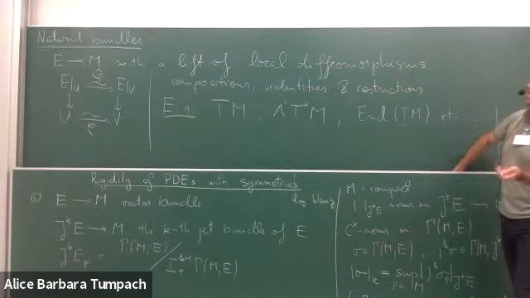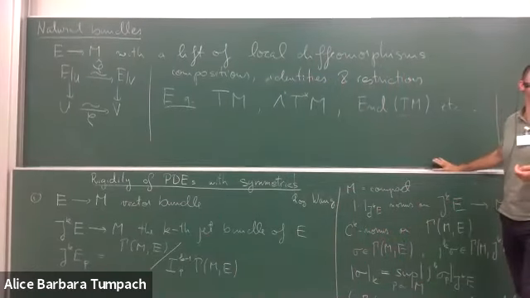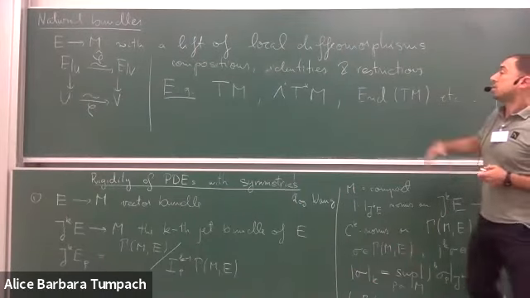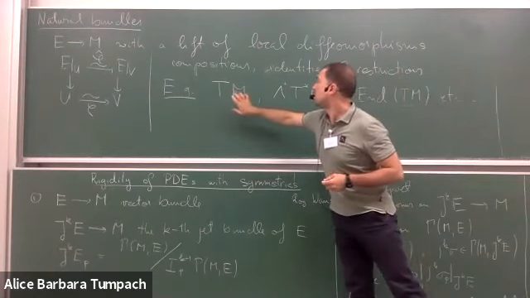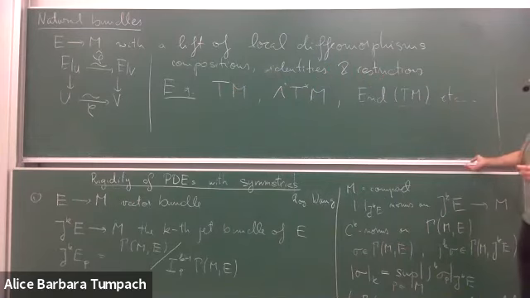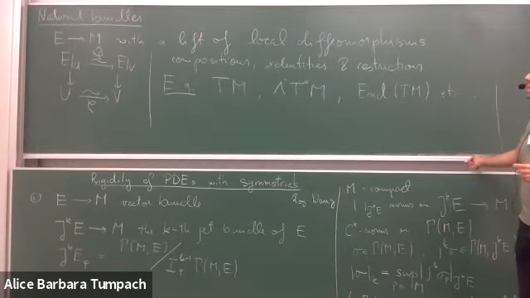In fact, there is even a classification of such bundles. Natural bundles, if M is connected, are all bundles associated to a jet bundle. I don't want to talk more about that right now.